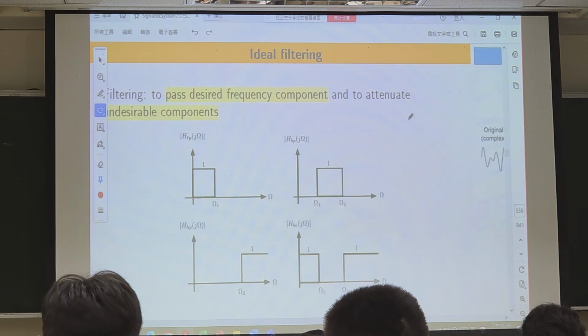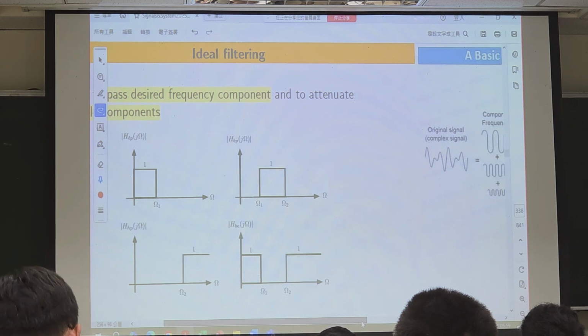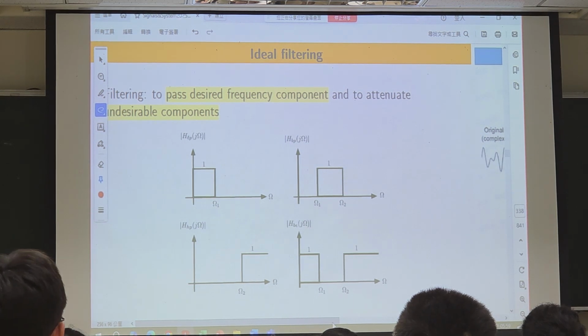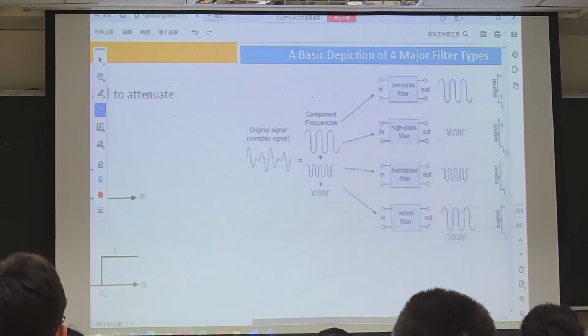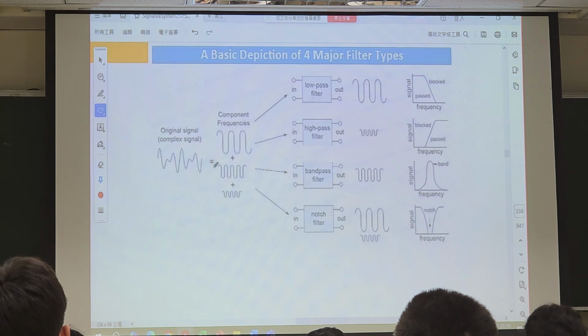All right, and then the filtering. What is a filter? A filter means, suppose I need to get rid of some unwanted component of the signal, then I have to use a filter. Look at this figure here. Suppose I have a signal which is a combination of three different components.